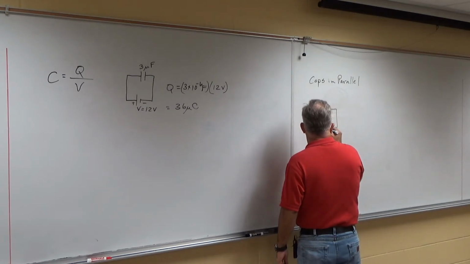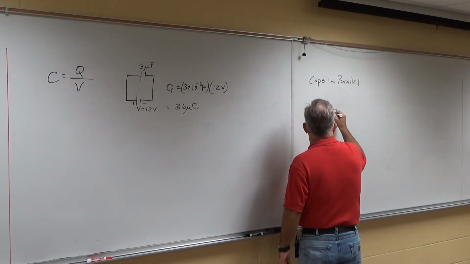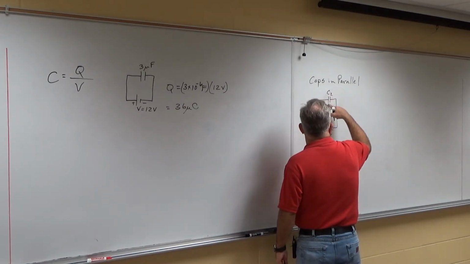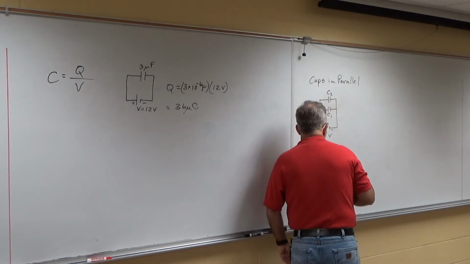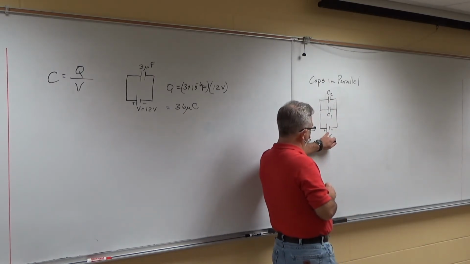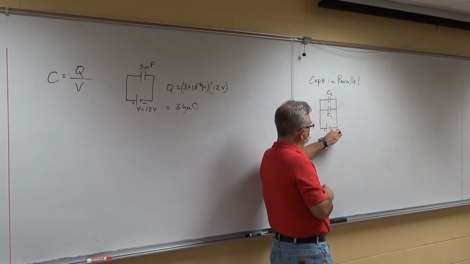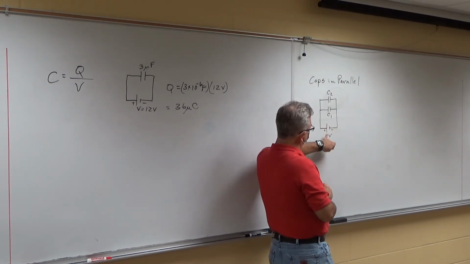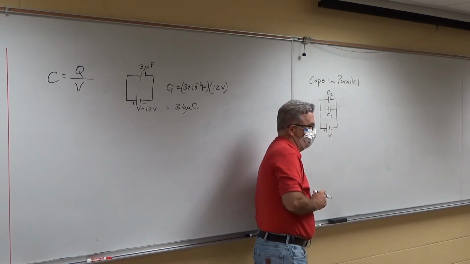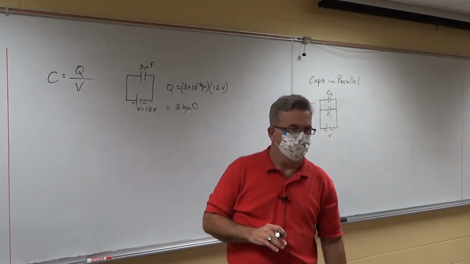Here's plus minus V, here's C1. Caps are always drawn as two little parallel lines of the same length. A DC power supply or battery is two parallel lines of different lengths, where the longer line is positive and the shorter line is negative. That's pretty standard notation.